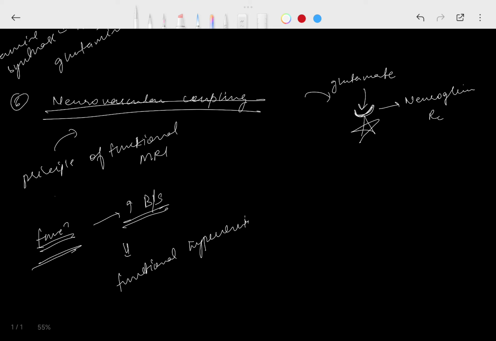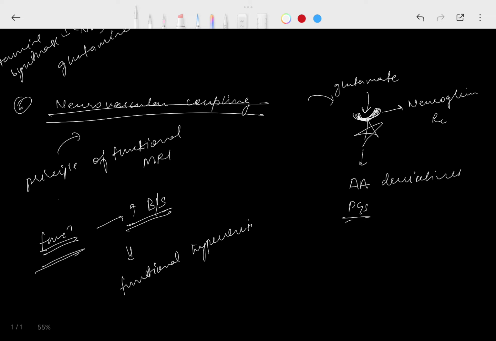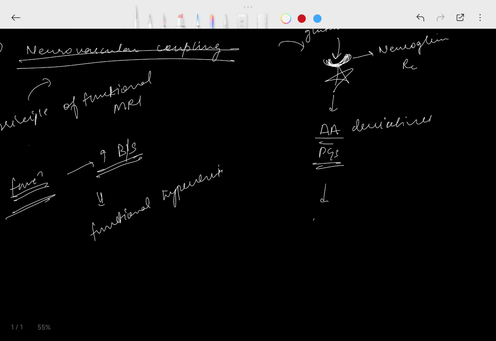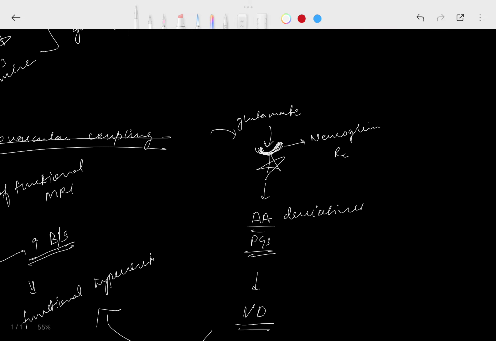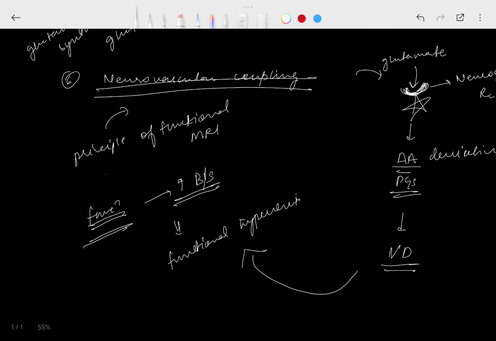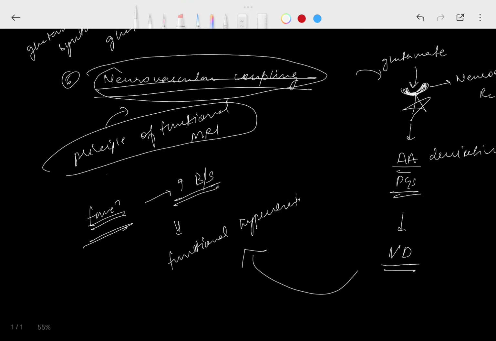After glutamate attaches to the receptor, astrocytes release arachidonic acid derivatives and prostaglandins, which will cause vasodilation, and that will cause the functional hyperemia. That is neurovascular coupling, which is the principle of functional MRI.